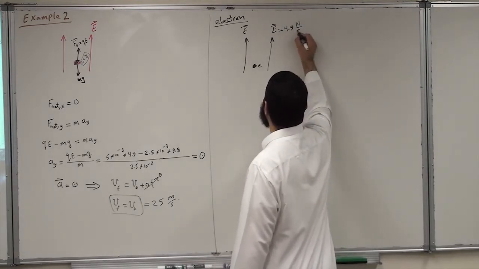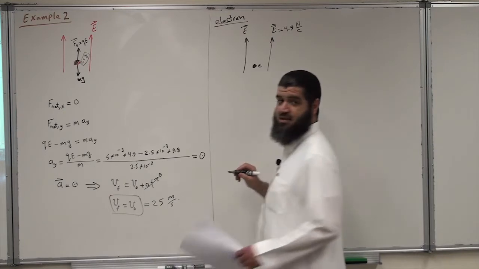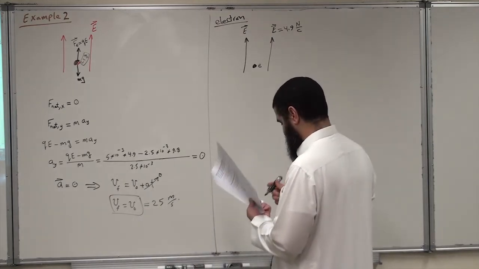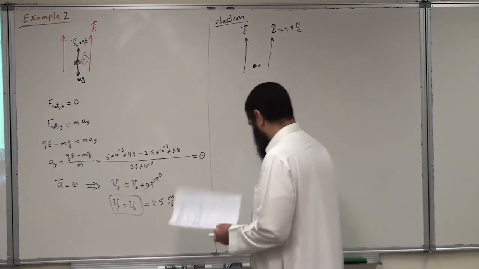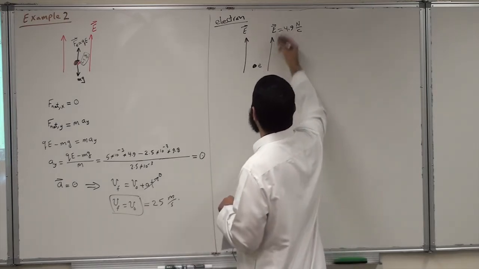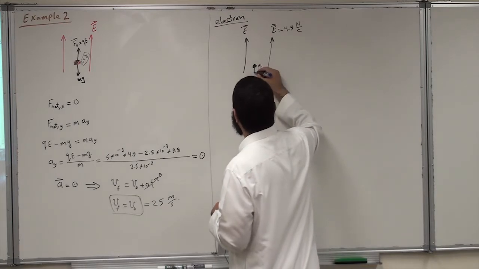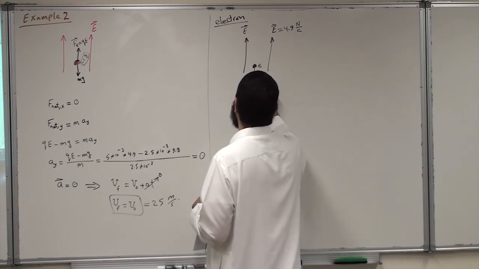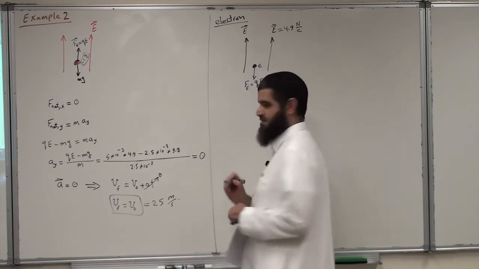What is the force on the electron in this case? The force on the electron will be opposite to the direction of the electric field. So the electric force is this way. How much is this F electric? It is equal to Q, which is the charge of the electron, multiplied by the electric field.